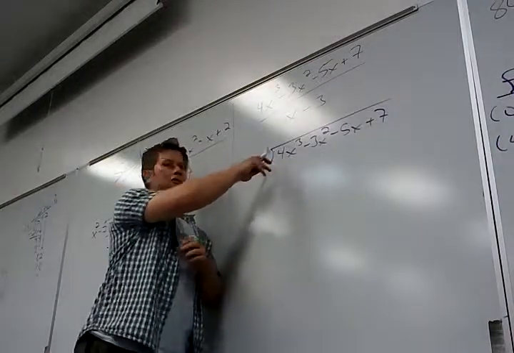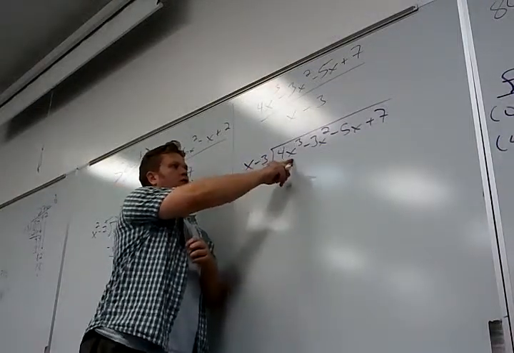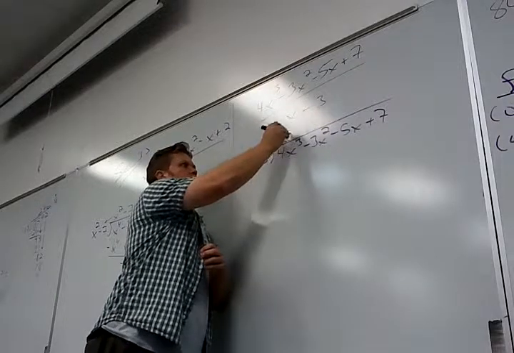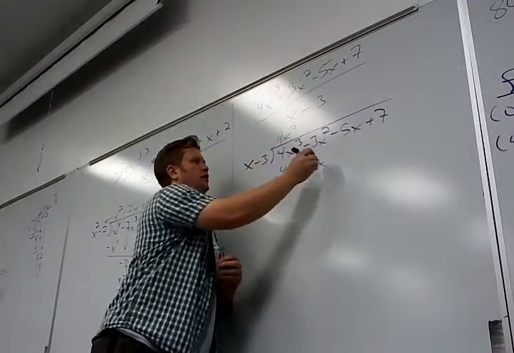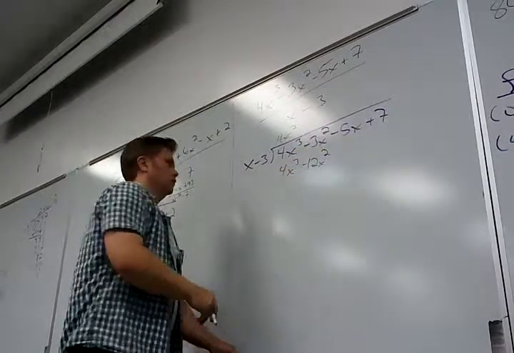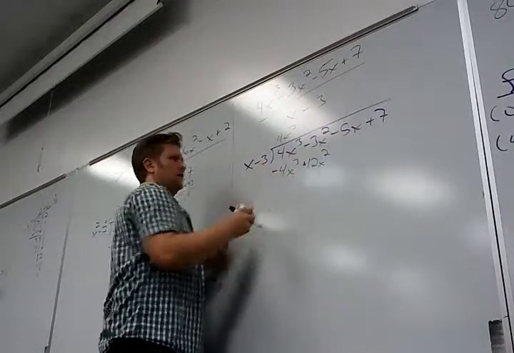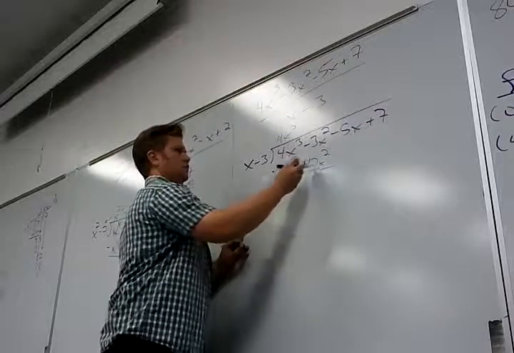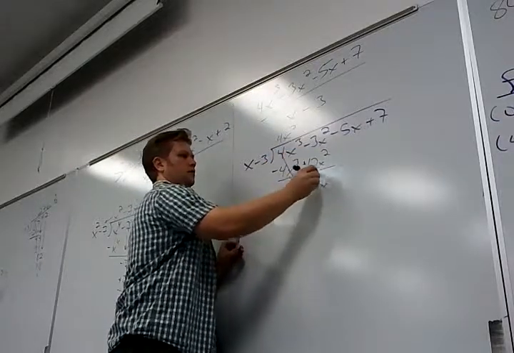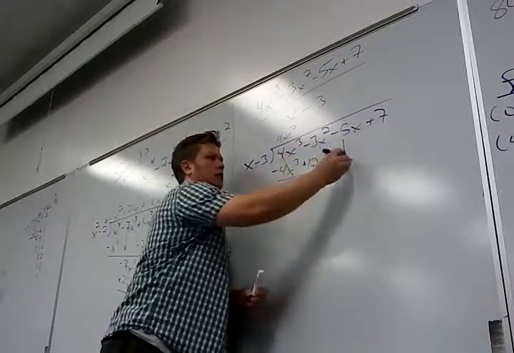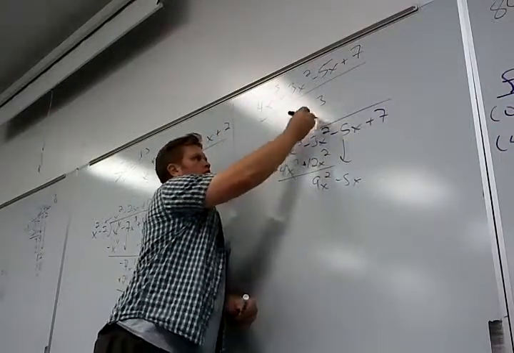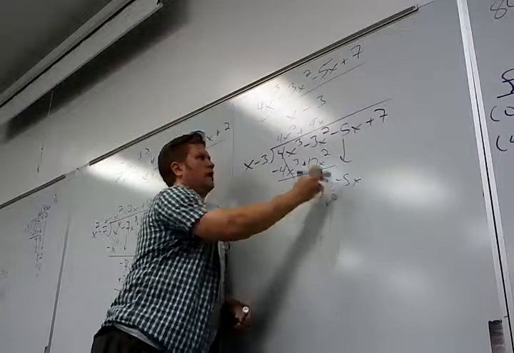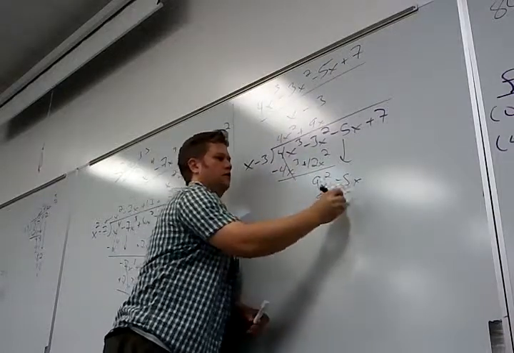All right, so let's step through this. X into 4x cubed, 4x squared. 4x cubed minus 12x squared. Change the signs. So here you get 9x squared, bring down the minus 5x. X into 9x squared, 9x. 9x times negative 3, negative 27.